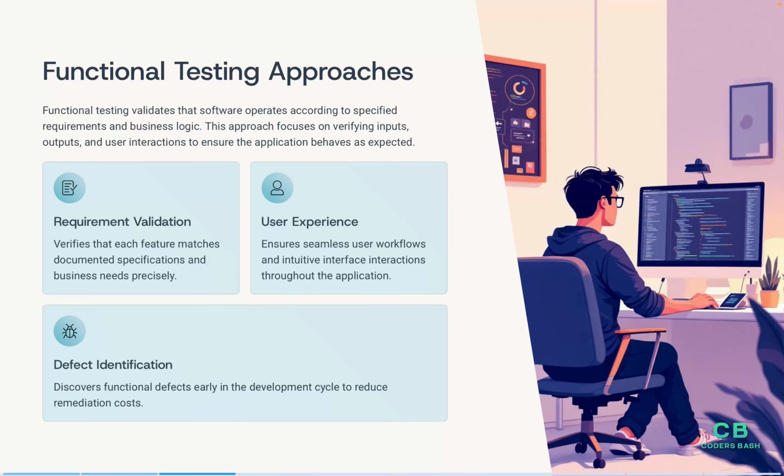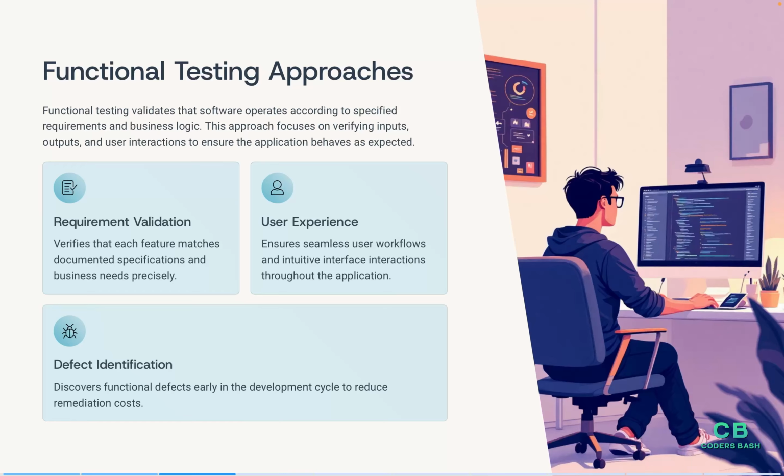So first we'll discuss the functional testing approach. So functional testing validates that software operates according to specified requirements and business logic. This approach focuses on verifying inputs, outputs, and user interactions to ensure the application behaves as expected.